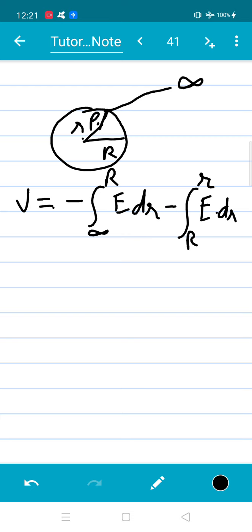Now the first expression is the same as that we obtained in the first case. It will be equal to kq upon R.